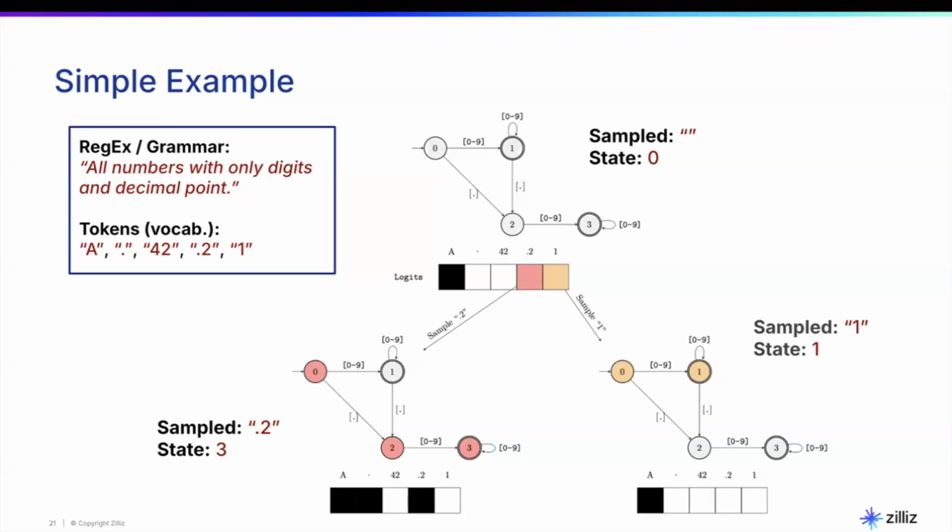At this point, we're in state number 3. In state 3, you can see that we obviously can't sample A. We can't sample the decimal point because the only valid transitions from state 3 are digits 0 to 9. I think you get the idea, but taking this one step further, this is a method that you can use to sample well-constructed output.